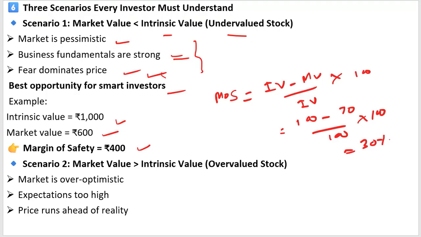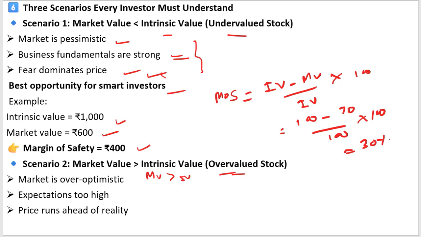Second scenario: market value is greater than IV value. This is called an overvalued stock, where MV is greater than IV. It is overvalued.